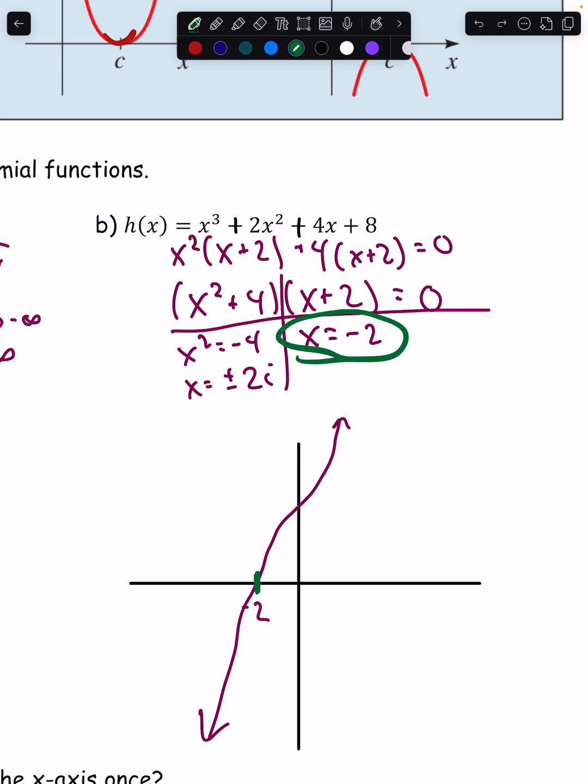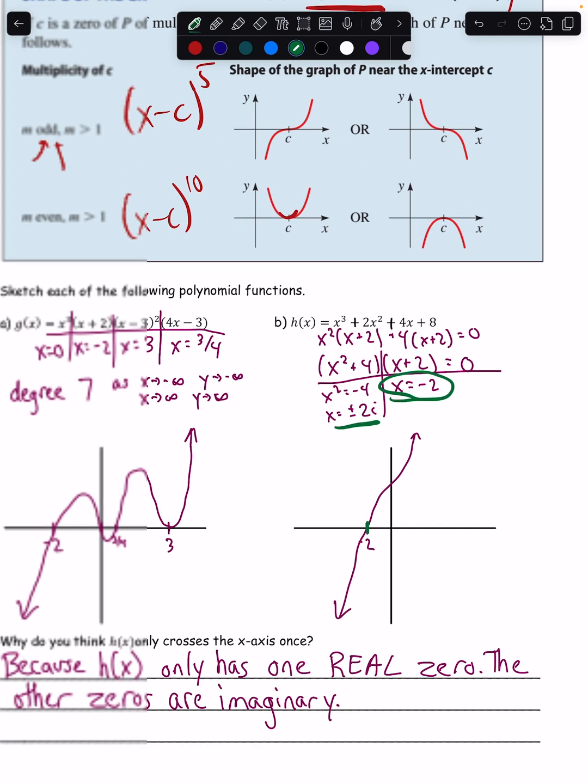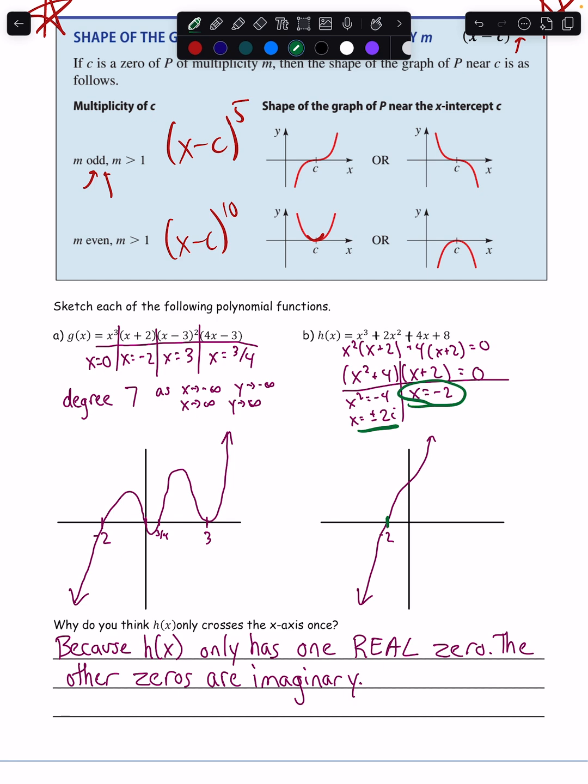So if it looks something like this and it crosses, but then it has a weird curve right there, it doesn't cross again, that means there's going to be some imaginary solutions there. Oh, wait, that's the next question. So why do you think it only crosses the x-axis once? It's because it only has one real zero. The other zeros are imaginary.